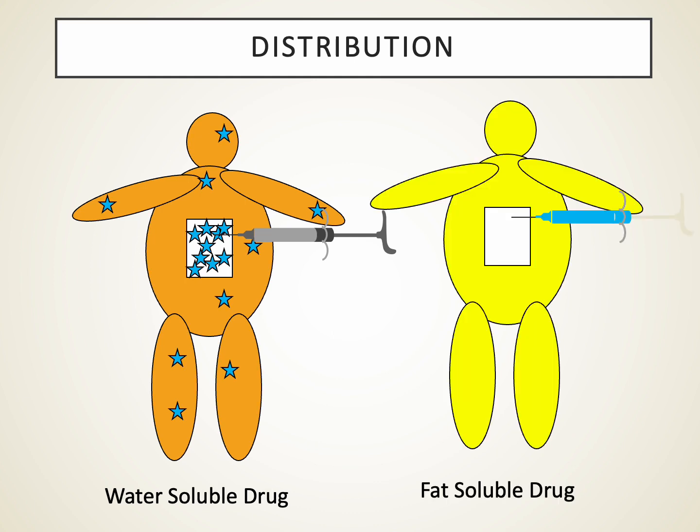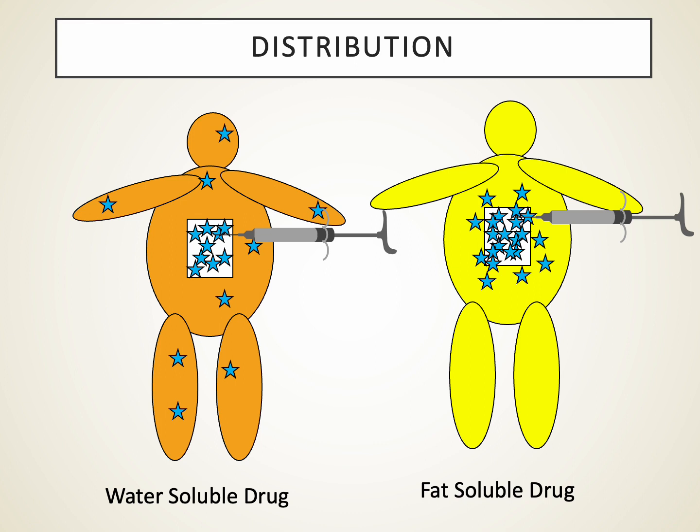For a fat-soluble drug, let's imagine what happens in the same scenario. We give the fat-soluble drug, and right after we complete that administration, what you end up with is all of it in the bloodstream.